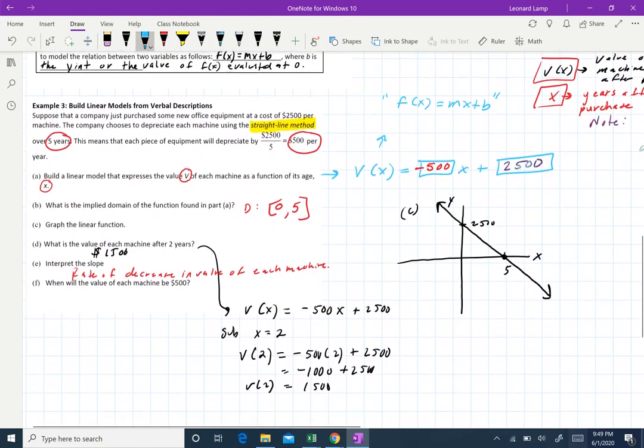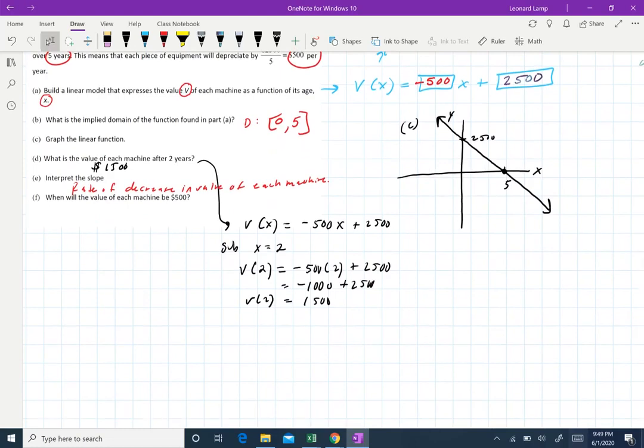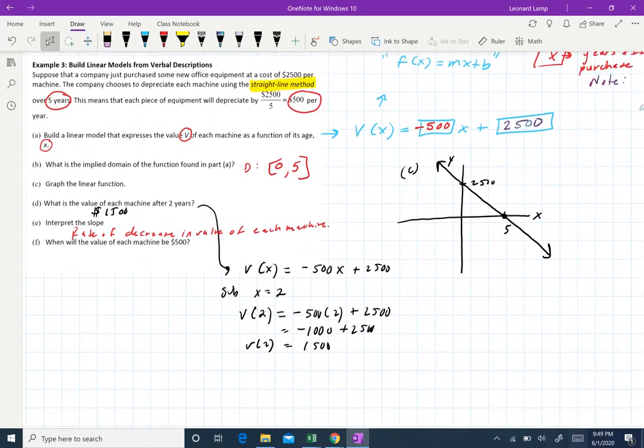Part F says, when will the value of the machine be $500? We could have just thought about this without using all of these models, but the idea is that we're going to be able to build these models in calc as well. So you're just going to get used to it here.